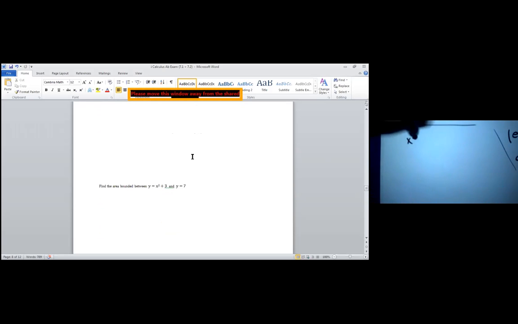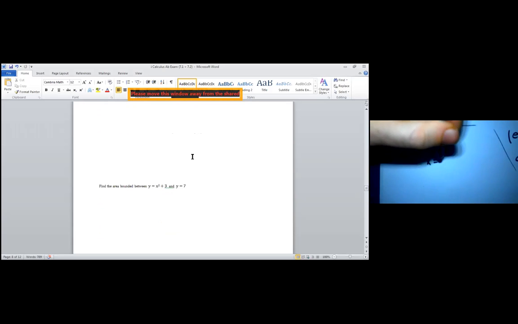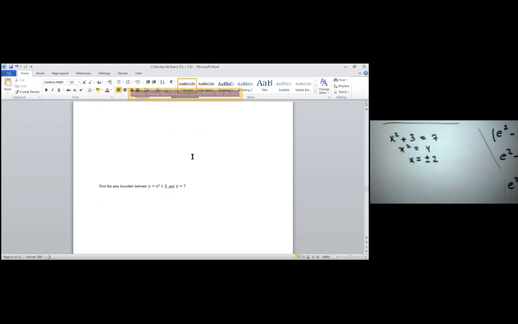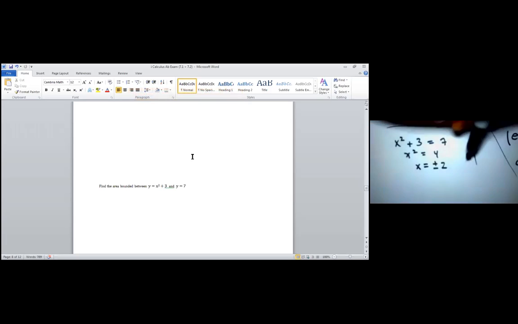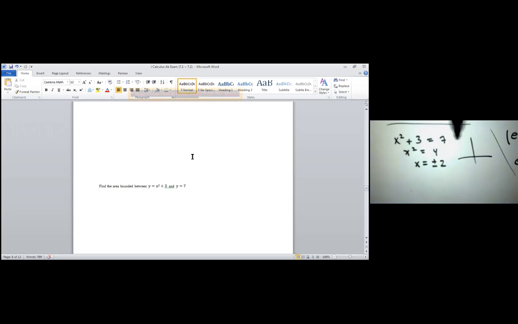So if you set x squared plus 3 equal to 7, that's going to be x squared is equal to 4, x is equal to plus or minus 2. So if you think about what that looks like, that would be two different functions.